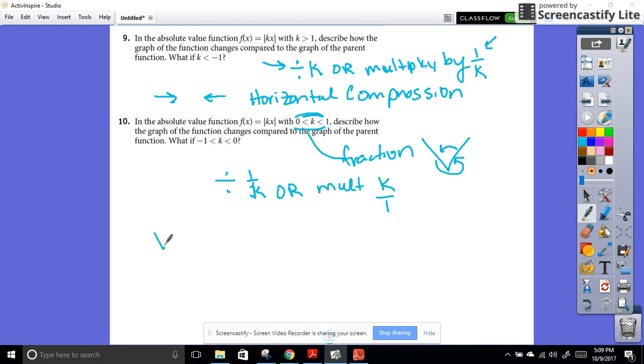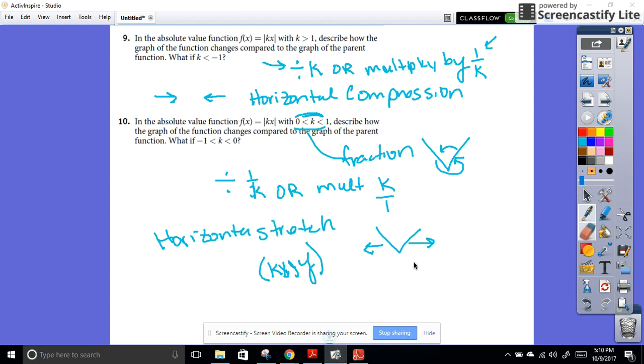It's going to be a horizontal stretch, which means it's going to move the graph out this way, make it wider. It's stretching it horizontally, and all of the x values will be that much bigger to get the same y value.